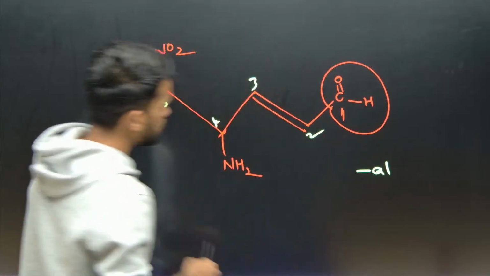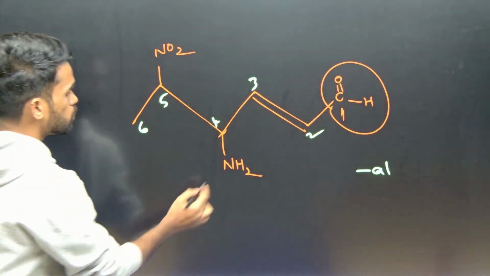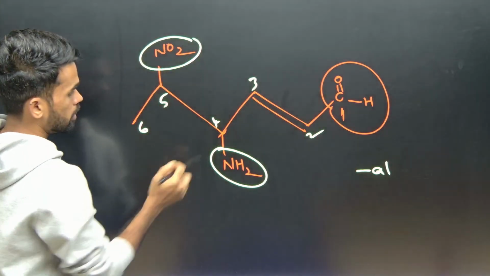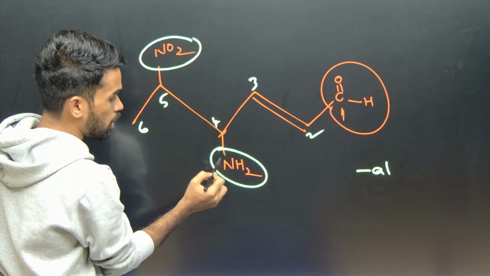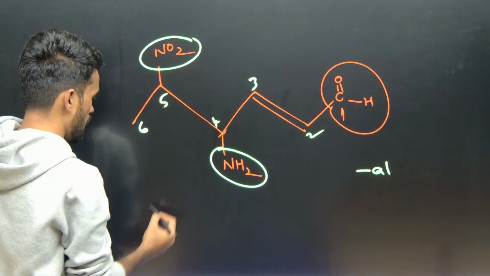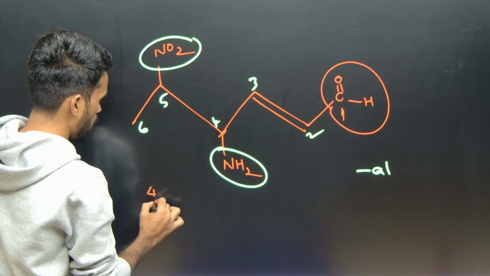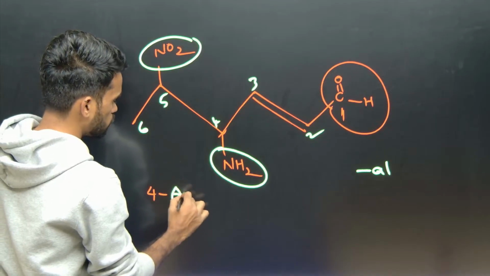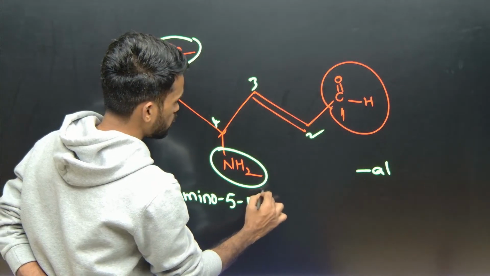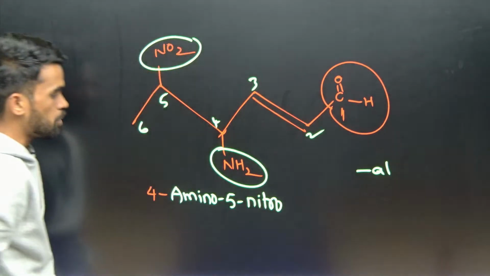So now at the 4th position we have amine, at the 5th position we have nitro. The names of these substituents should follow alphabetical order. Amino, A comes first, then nitro. So 4-amino, 5-nitro. Up to here it is clear.